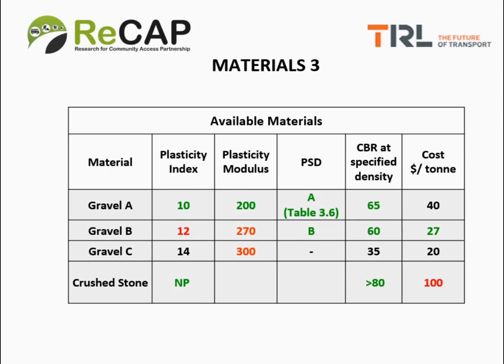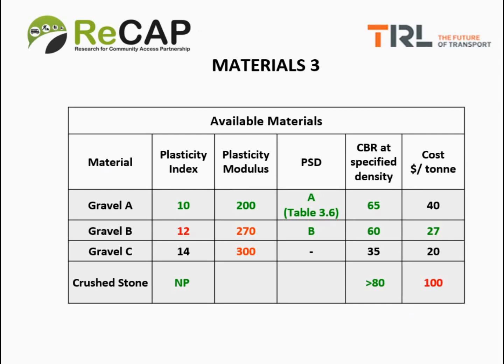That is a cheaper gravel, $27 per tonne. And the third, gravel C, is weaker than the others. It only has a CBR of 35, a plasticity index of 14, and a plasticity modulus of 300. And that is adequate for capping, but it's not good enough for sub-base or for road base.